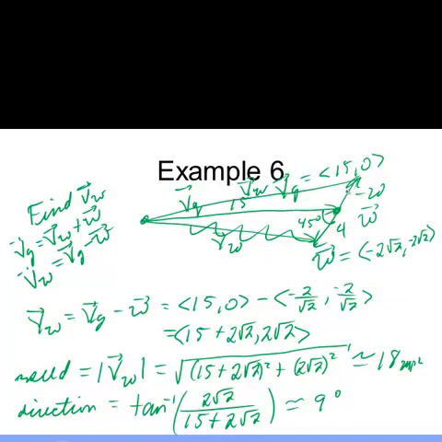Those two motions will combine to make motion of the boat relative to the shore 15 miles per hour going due east. Okay?